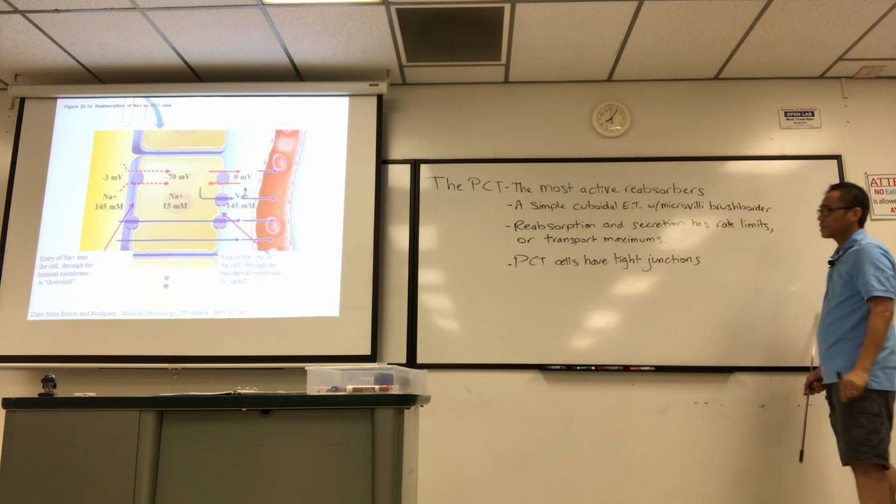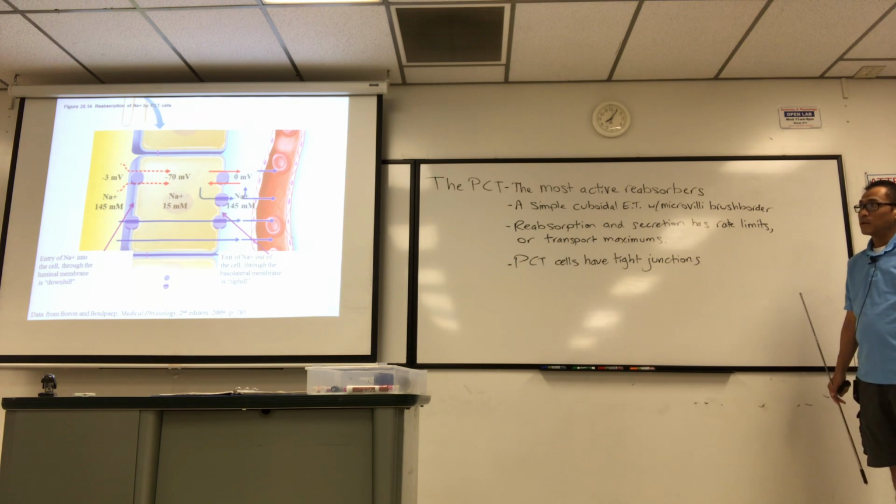That's important to know. Things aren't just going to seep through. Well, things can get through there, but not very many things. We're going to focus on the things that go through the cell. We call that the transcellular route.